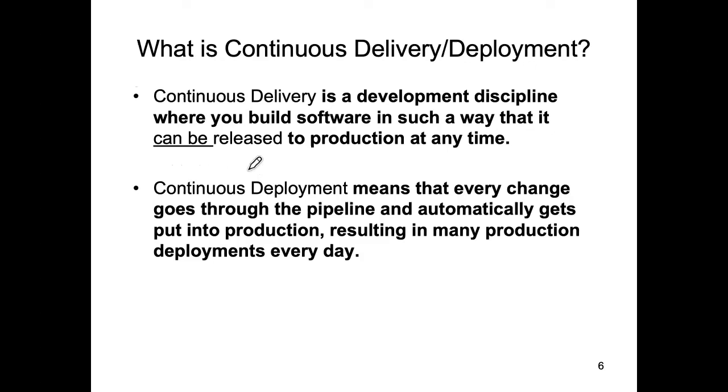And the key to continuous deployment is that every time a team member pushes an update to GitHub, that triggers an automatic rebuilding of the entire application. It triggers an automatic rerunning of all of your tests.